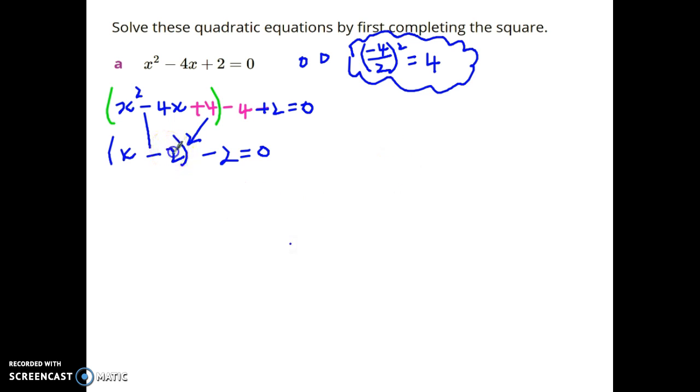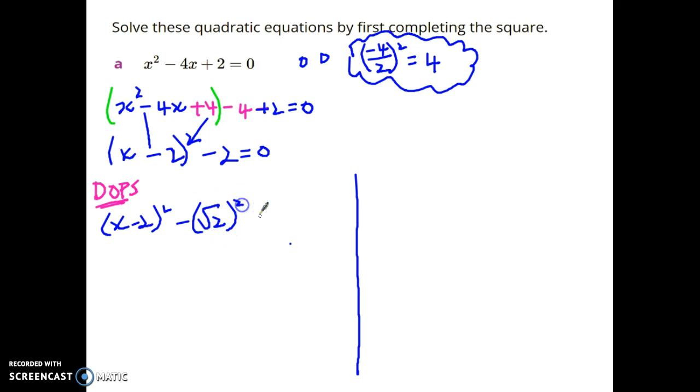Now the way you solve this from now, you could take one of two paths, and I'm going to divide my page up. If I want to continue with my factorising, I could do my dots. So I'm going to write this as x minus 2 all squared minus root 2 squared equals 0.